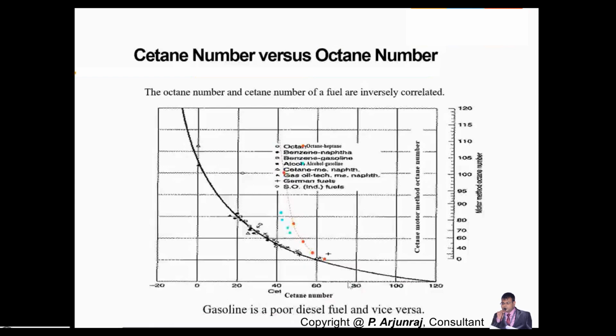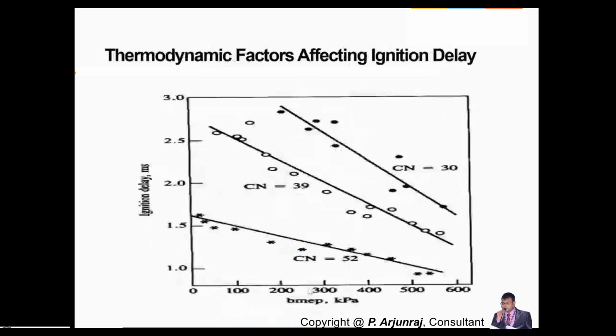Higher the CTN number, what happens? You have a lot of advantages. I will explain that with the help of a graph. When you have a high CTN number, your ignition delay is going to be lesser, and that ignition delay you compare with the brake mean effective pressure of the engine. For the same brake mean effective pressure, you need less ignition delay for normal combustion to take place.